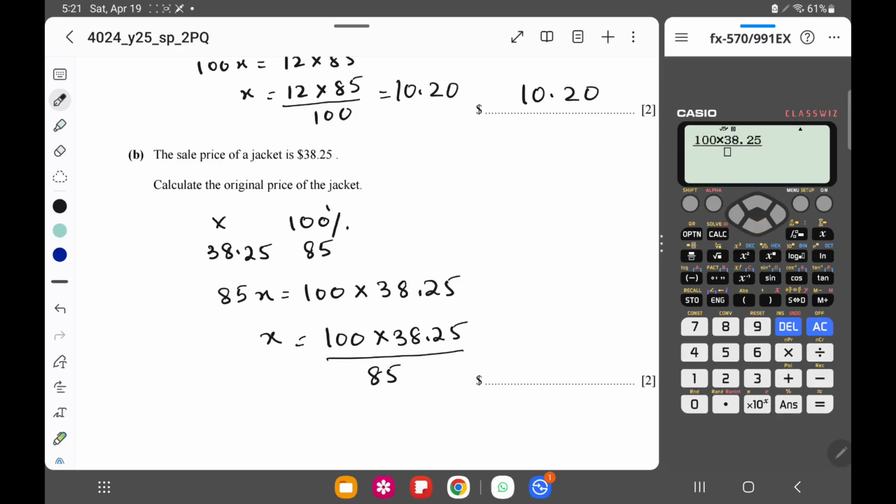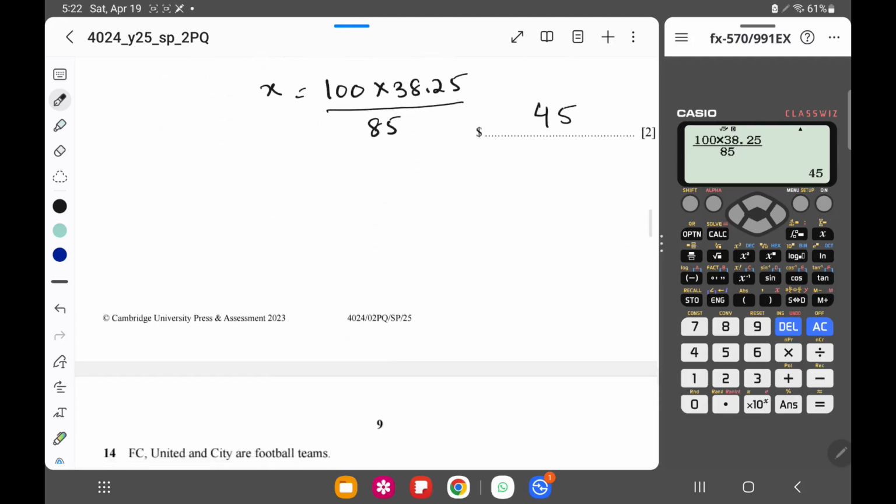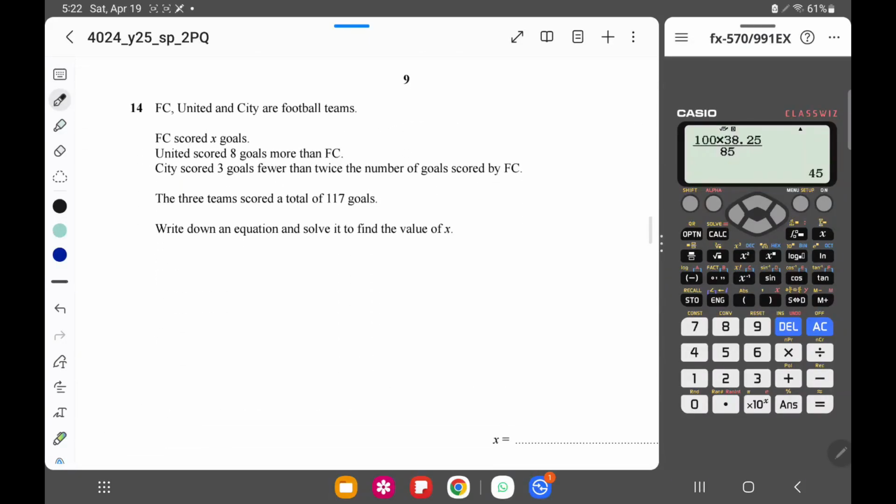That is equal to $45. Because it is reduced, your $45 is a higher price compared to the sale price. Now go to the next question.